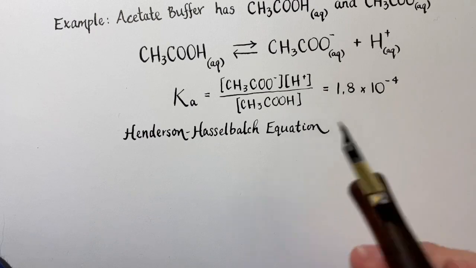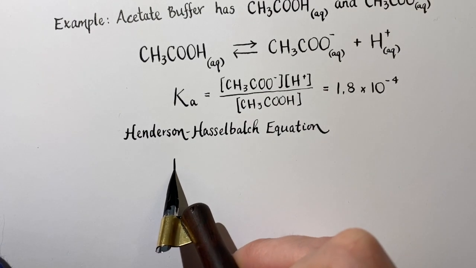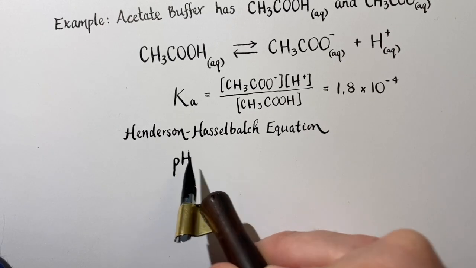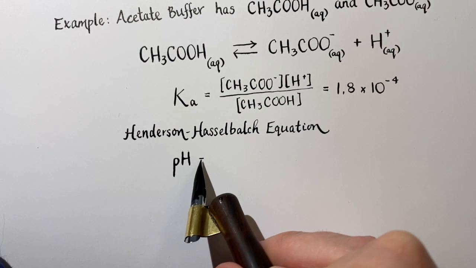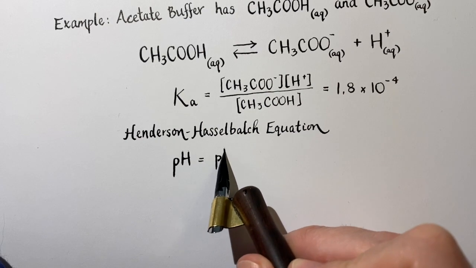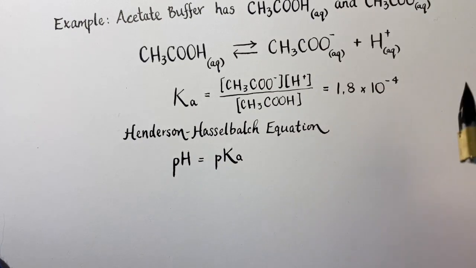Okay. And so the way this works and why it's so helpful for determining pH is that as long as you know what we call the pKa for the weak acid, okay?